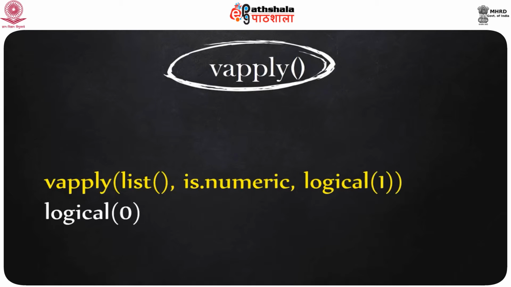To overcome the problem created by the sapply function, the vapply function is improvised in such a way that it allows us to use one more argument through which we can fix the kind of output that we want the function to return.